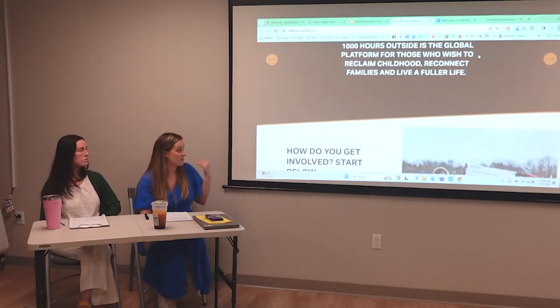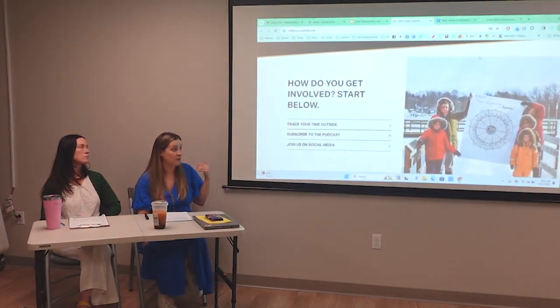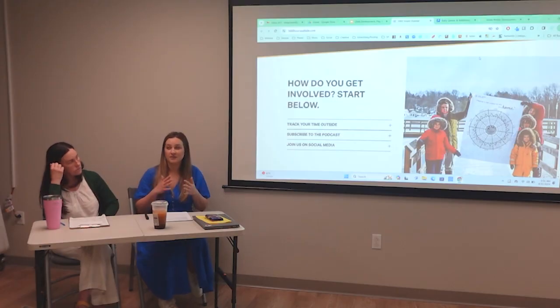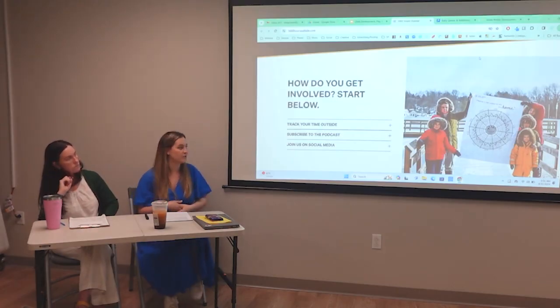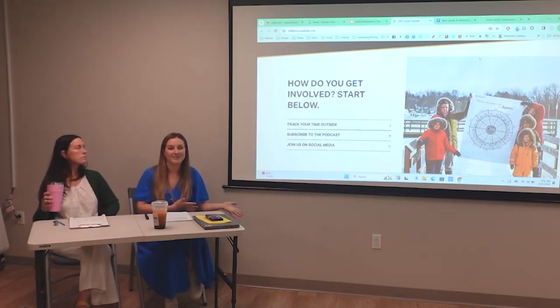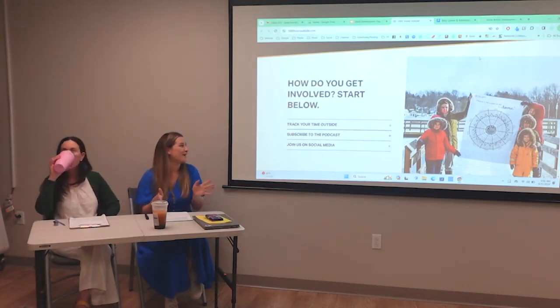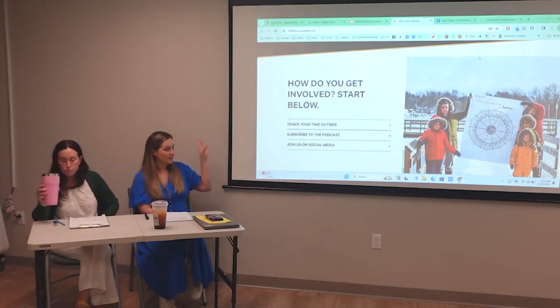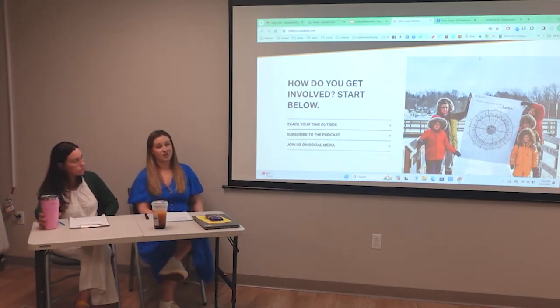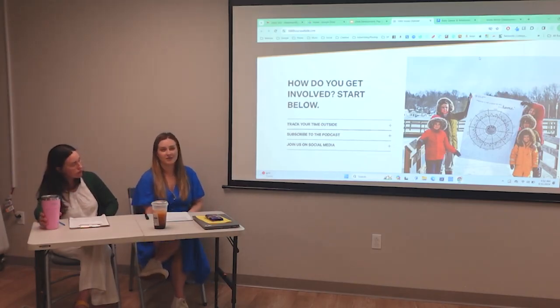So this website is also great. She has a whole bunch of different trackers that you can do together as a family to log your outdoor hours. There's no bad weather, just bad clothing, so getting outside as much as possible. And feel free to explore her website. She has a lot of great ideas for getting outside as well.